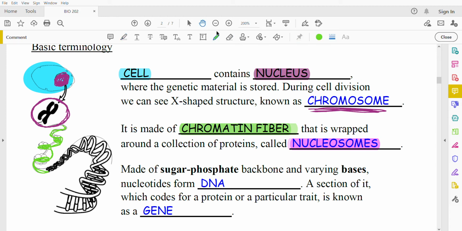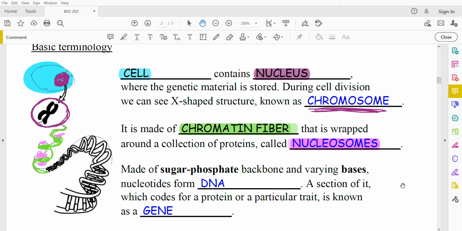These bundles of proteins are known as nucleosomes. You would see these here in our diagram. I apologize that the drawing is not super accurate, because this software really isn't meant for drawing, but we're using it regardless. So the chromatin fiber wraps around nucleosomes, which are bundles of proteins.